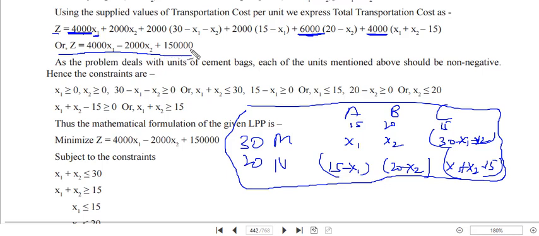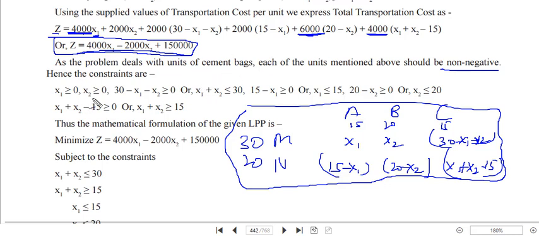So this is our objective, the minimization of transportation cost equation. As the problem deals with units of cement bags, each of the units mentioned above should be non-negative, right?